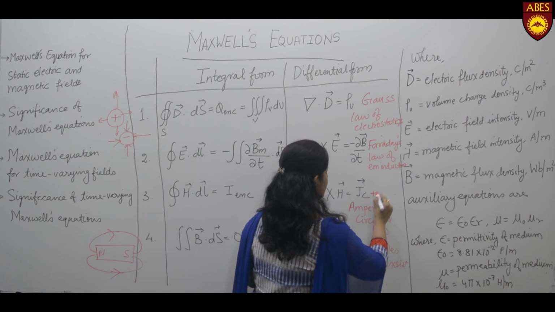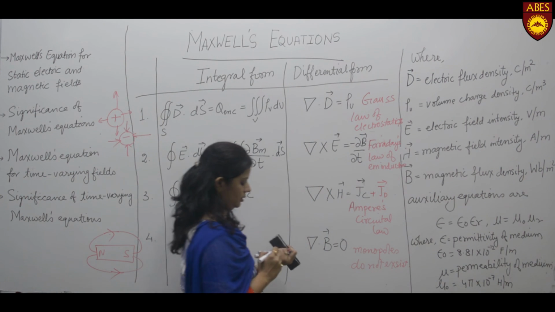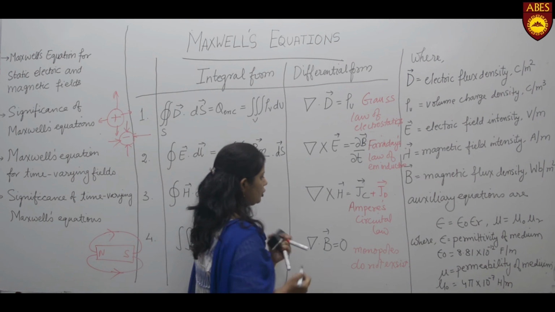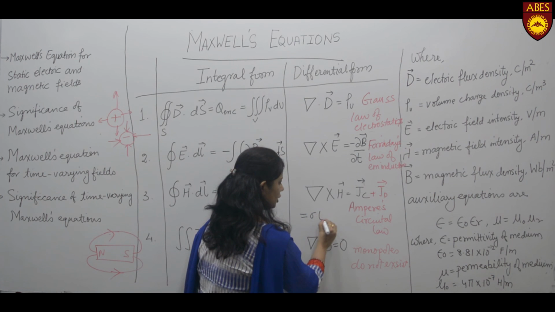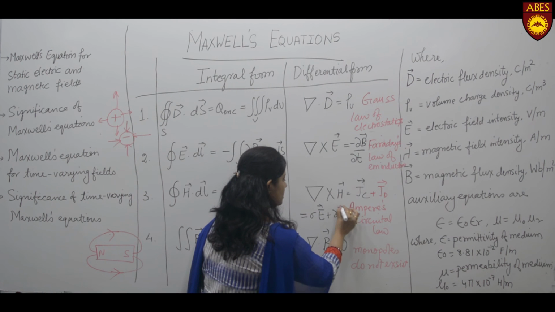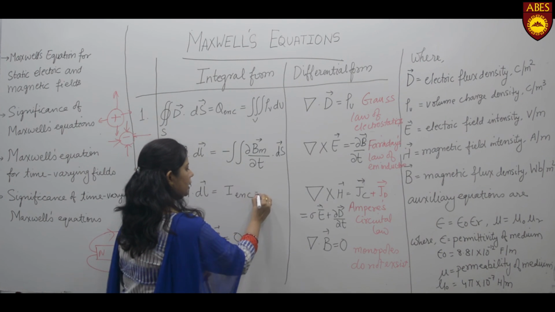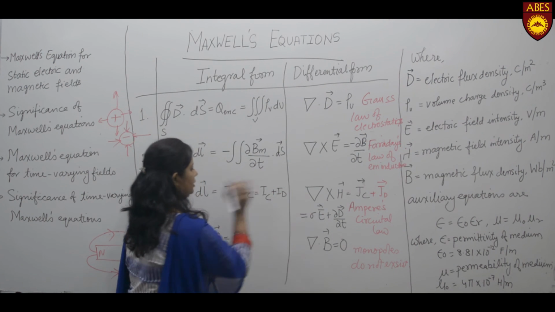conduction current density plus displacement current density. Conduction current density is sigma E, displacement current density is del D by del t, and here the current enclosed becomes conduction current plus the displacement current.